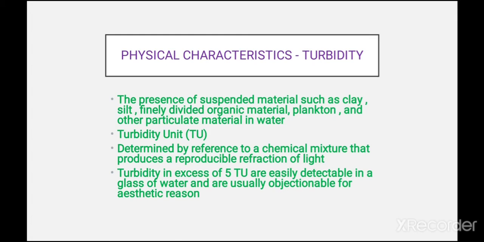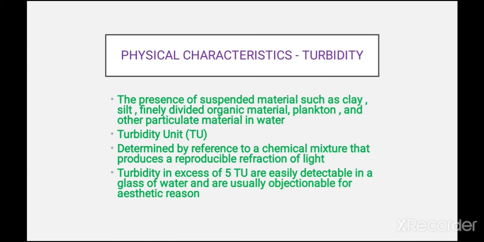First of all, how do you measure turbidity? We can measure turbidity by a turbidity meter, also called a nephelometer. With that instrument, you prepare a sample of the water to be tested. The nephelometer sends in a beam of light, and there is a detector in the nephelometer which detects the scattered light.